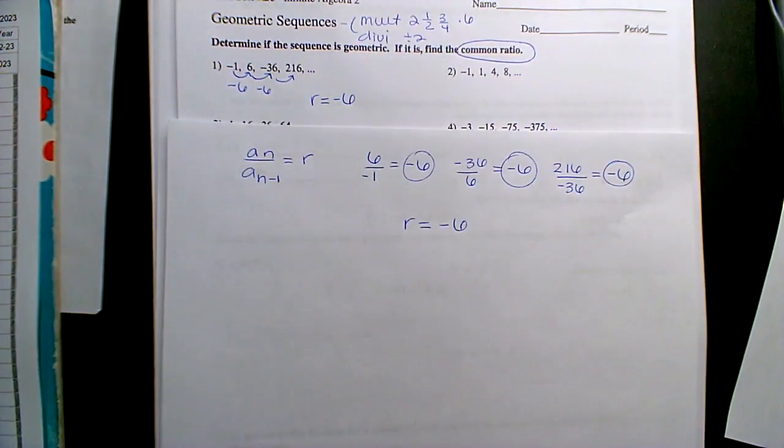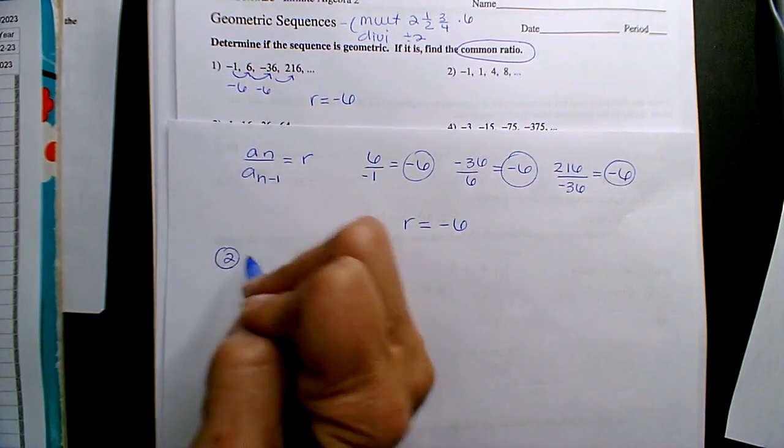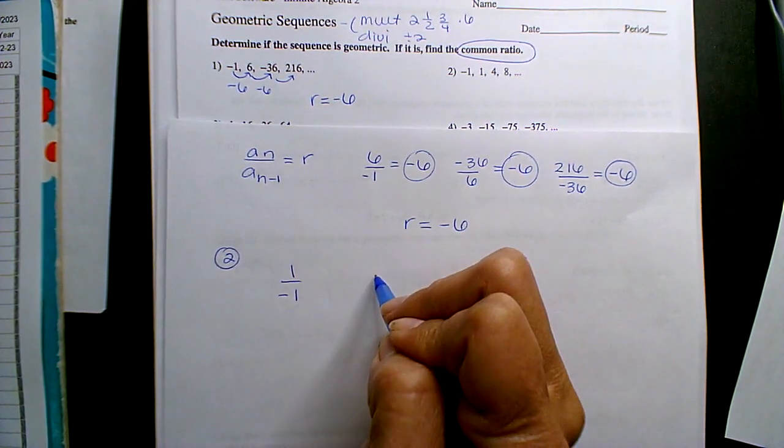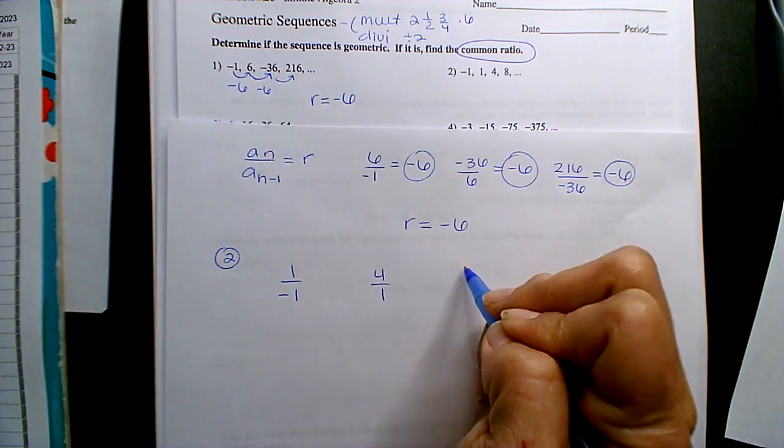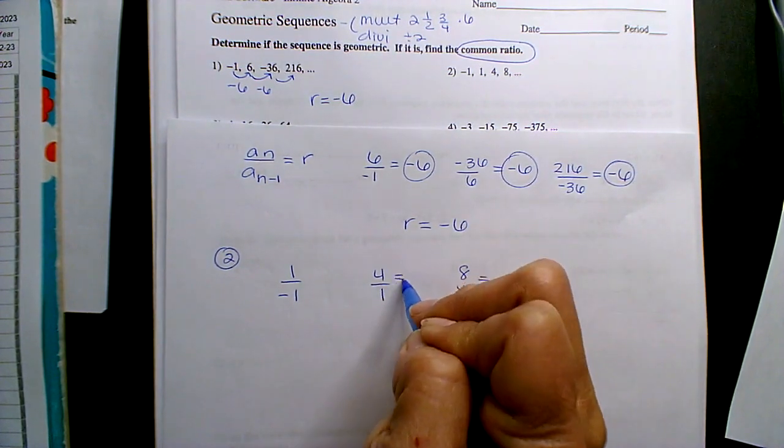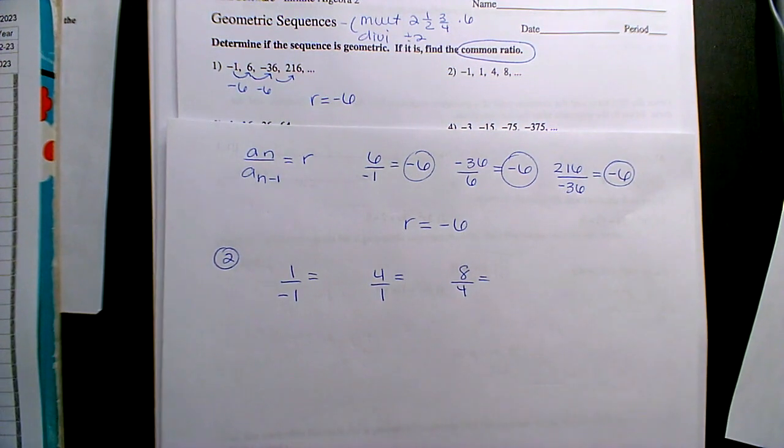All right, what about 2? Is there a common ratio? Okay, so if you don't see it just staring at it, build your ratio. Take the latter term, that's the top. The prior term is the bottom of the ratio.